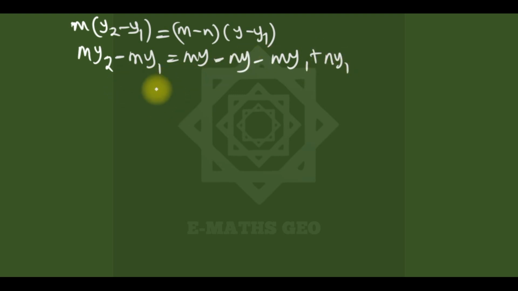Solving for y, I'll solve it directly now. This is gone, this is gone. I have y here, so if I factor it, it is m minus n, so the denominator is m minus n. This one will come over to be my2 minus ny1. No need of wasting time. So let's now solve an equation on that.